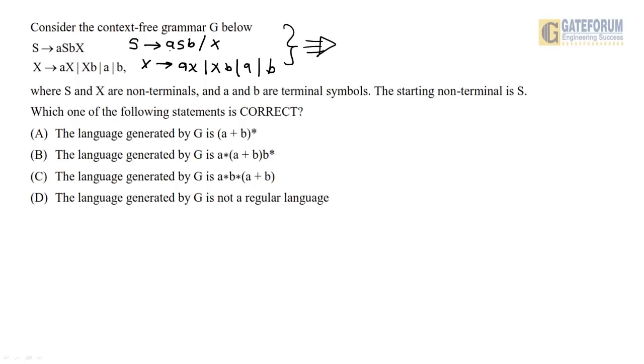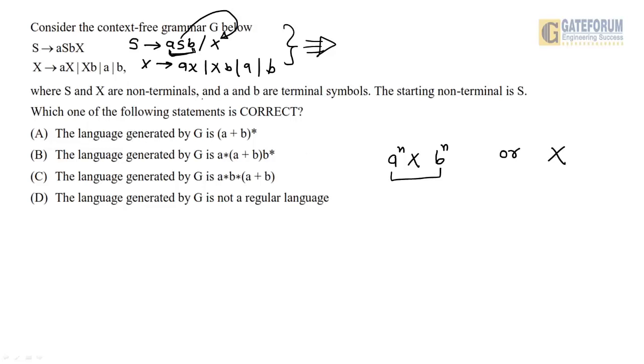It says that a number of A, after that the same number of B should be there, okay, and that X, if it is going to end, should end with this X. So we need to put that X between this. So it forms like that, or we can generate X only.